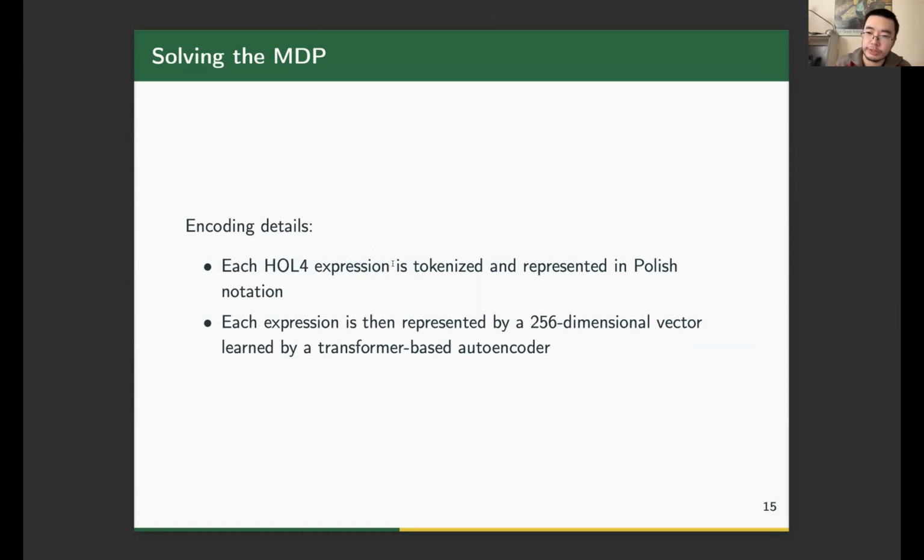You have to encode them into numeric representations. So what we do is tokenize each higher-order logic expression. You can think of it as your logic formulas. We tokenize them and represent them in Polish notation. Each expression is then represented by a 256-dimensional vector learned by a transformer-based autoencoder. You don't need to know what this is, but you can think of it as a black box that takes a string and returns a 256-dimensional vector.